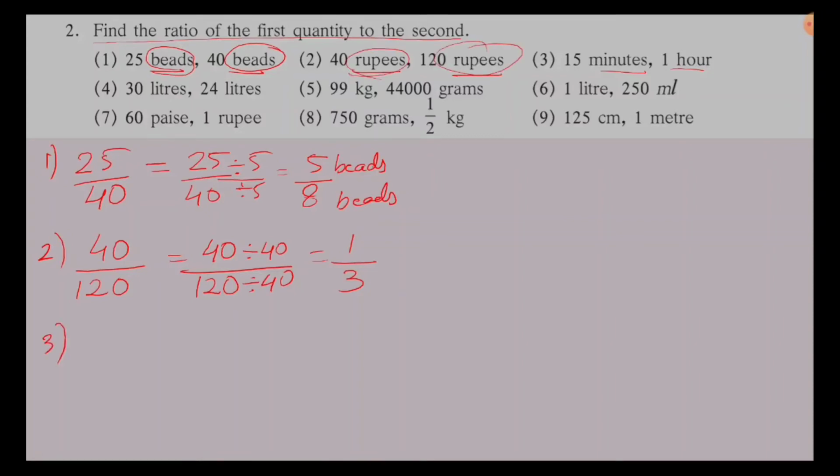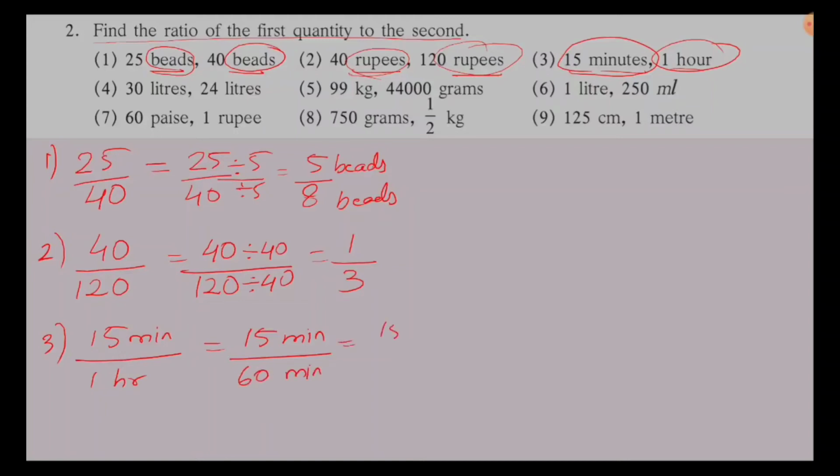Now the problem will be what? It is 15 minutes and this is 1 hour. If the unit is not the same, we can't find the ratio. For that we have to make it in the same unit. We know that 1 hour is equal to 60 minutes. So it can be written as 15 minutes upon 60 minutes.